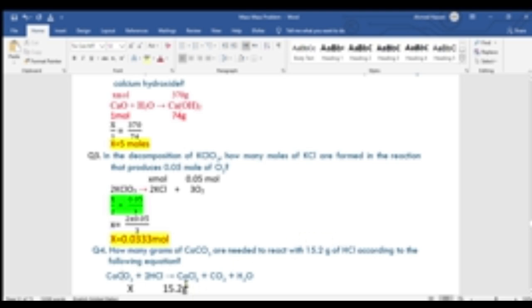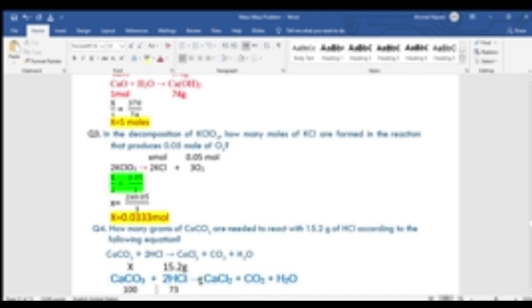The given one is 15.2 grams of HCl. Set up the proportion as such: x over the molar mass of calcium carbonate, calcium 40 plus carbon 12 plus oxygen 16 times 3, 48, becomes 100. And hydrogen chloride, that is hydrogen 1 plus chlorine 35.5, 36.5, times coefficient 2 becomes 73.